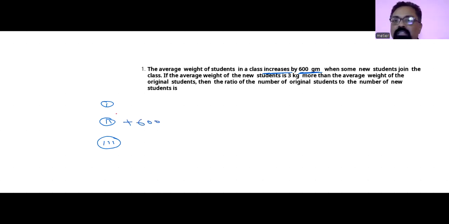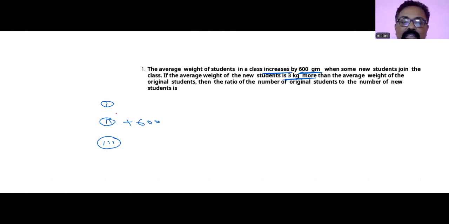For what? Because a few new students joined the class whose average weight is 3 kg more than the average weight of the original students. Right? So they are contributing 3 kg extra in the average, and that affects the final average by 600 gram plus.